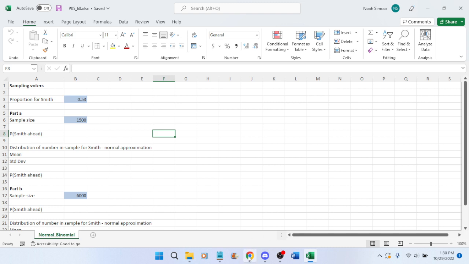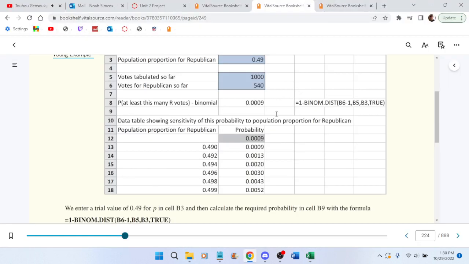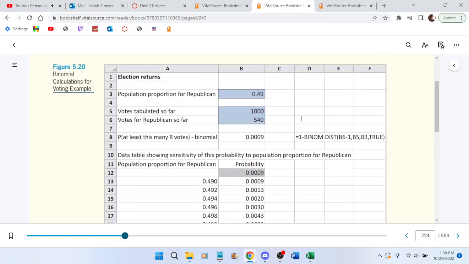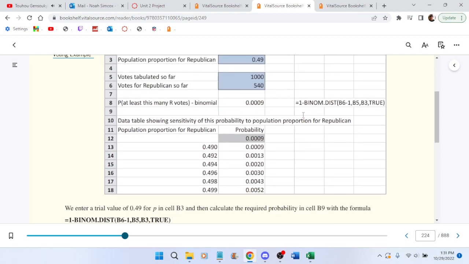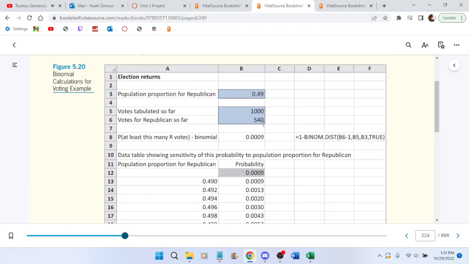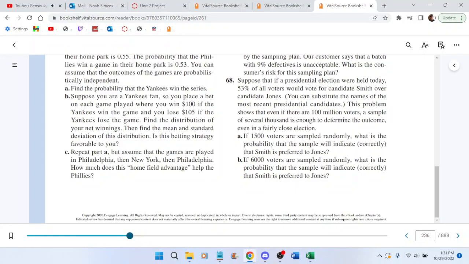We want it to be... What's the probability? Oh my god. Oh geez. So this one's like, you get at least 540. What we want is the probability that we get at least 50%.